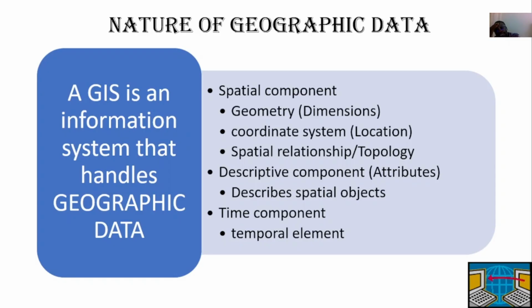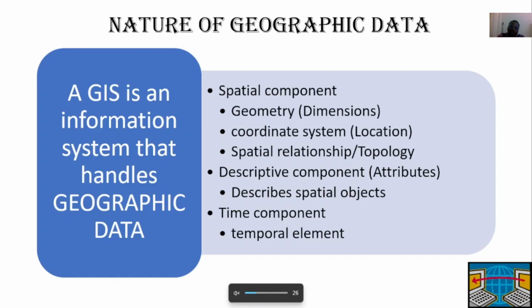So the nature of geographic data. Every geographic data must have spatial components. If you do remember, in my earlier presentation, I said that every geographic entity must have a spatial attribute, and you all know that a geographic entity becomes geographic data.